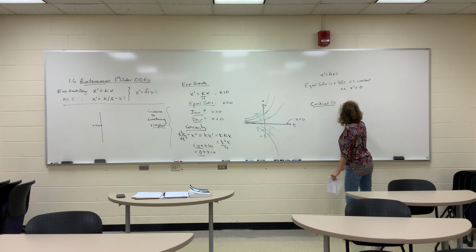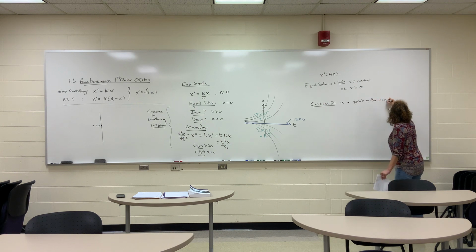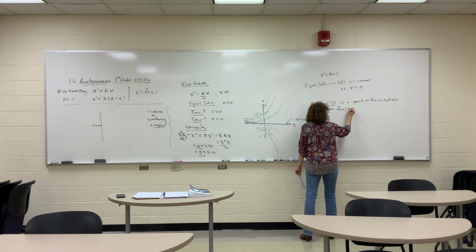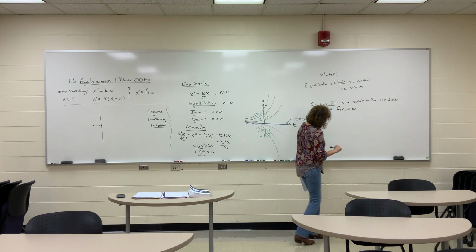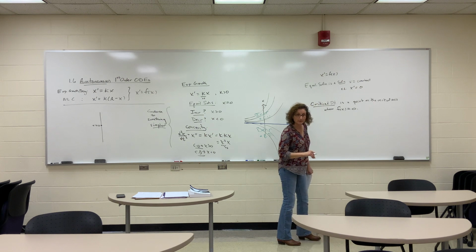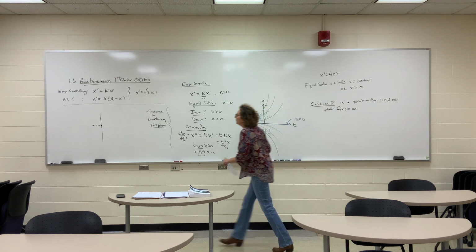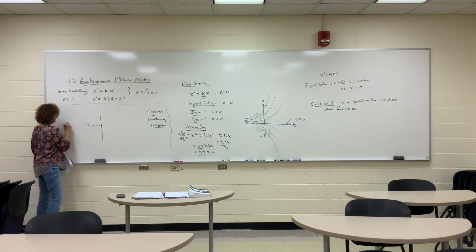A critical point is a point on the vertical axis where f of x is equal to 0. It's a little bit different, right? Okay? Any point on the vertical axis where f of x is 0. Okay? All right, so x equals 0 is an equilibrium solution. It's a critical point. Okay?